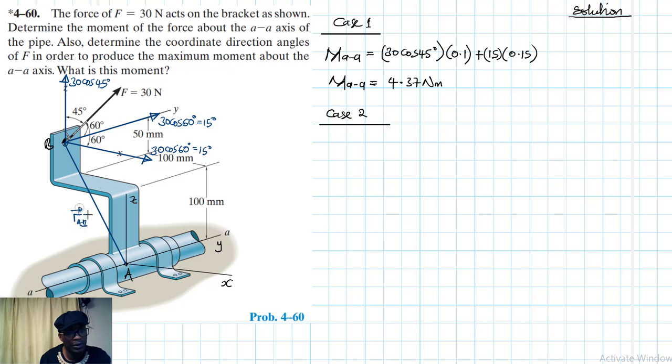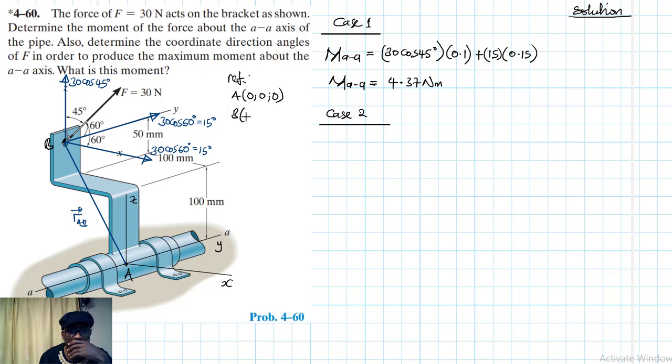Okay, so let's assume A is our reference in this particular case. A is our reference, and is 0, 0, 0.